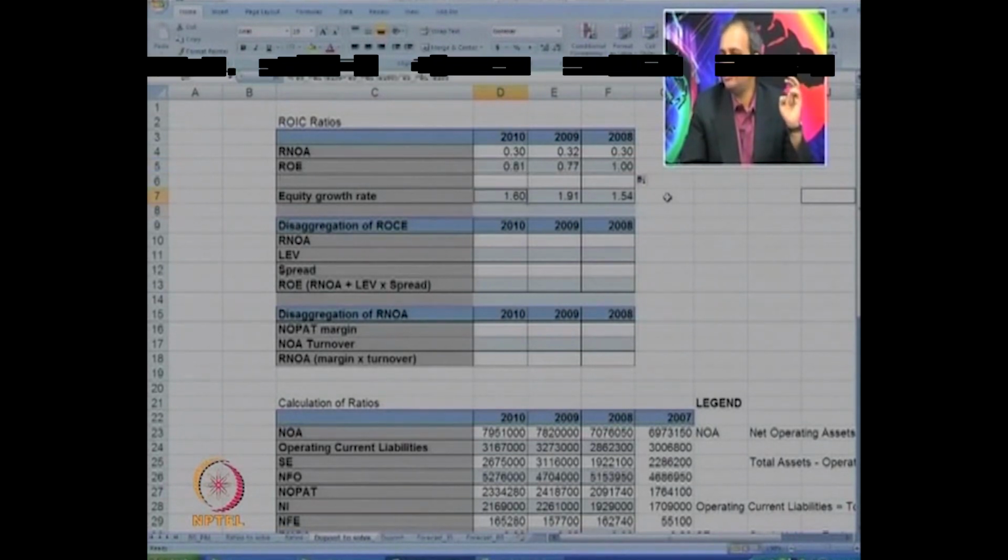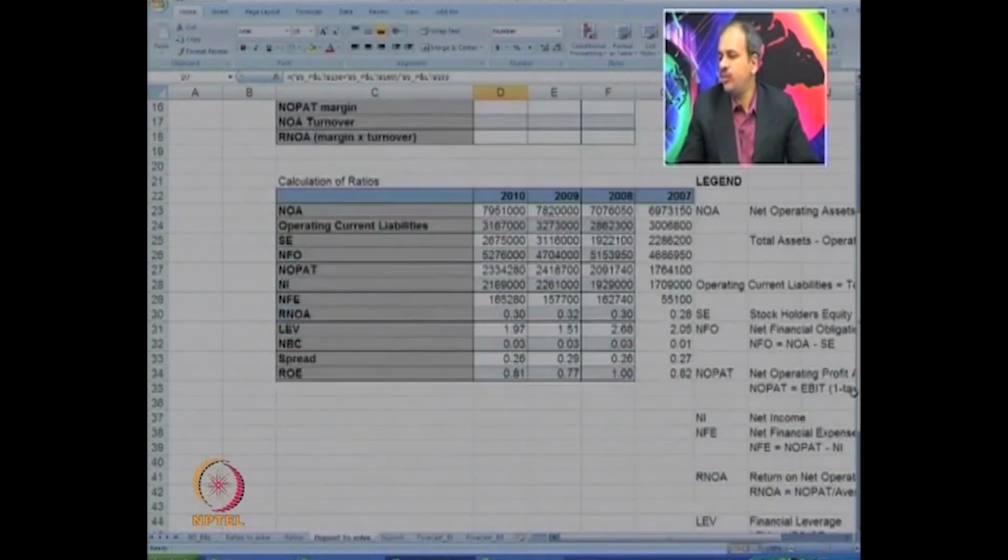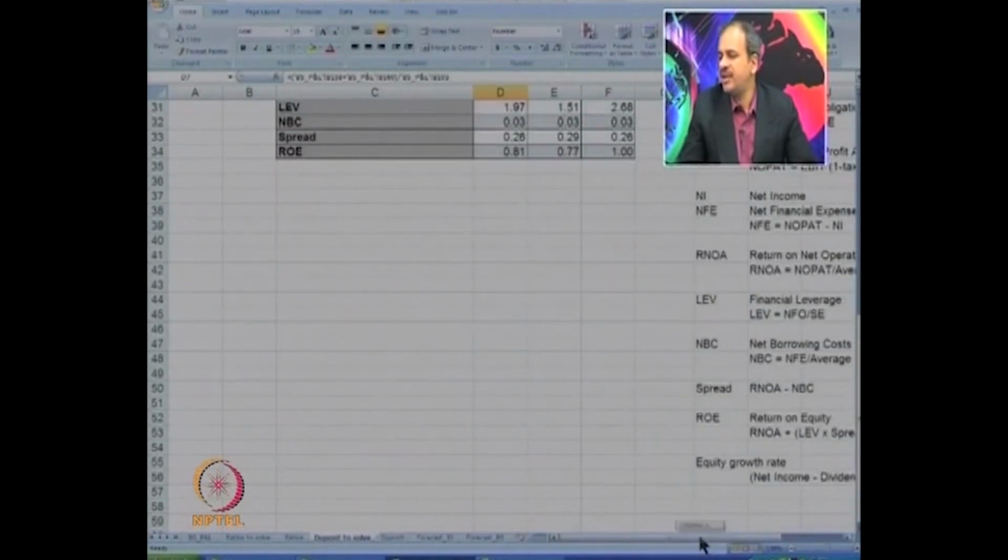Equity growth rate is automatically calculated here. You can see how it is calculated; we pick up a figure from the balance sheet. I will just take you back to the legend to make it more clear.